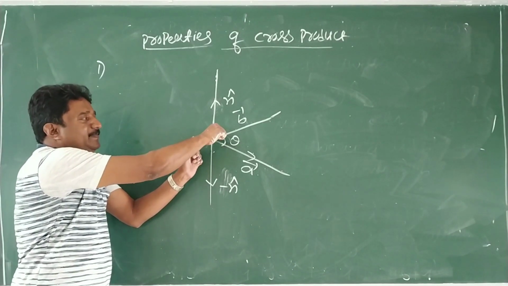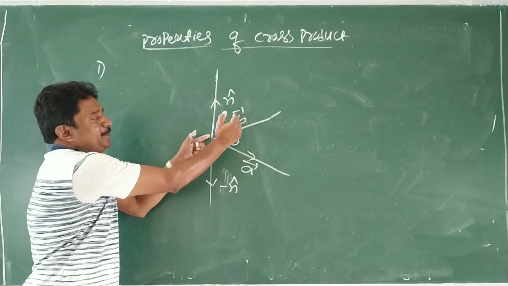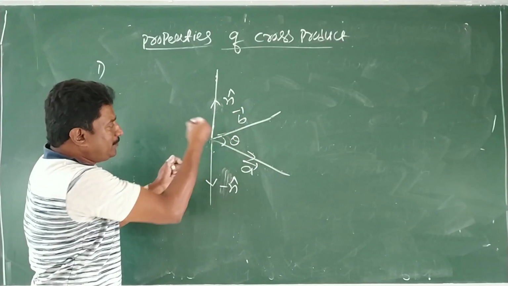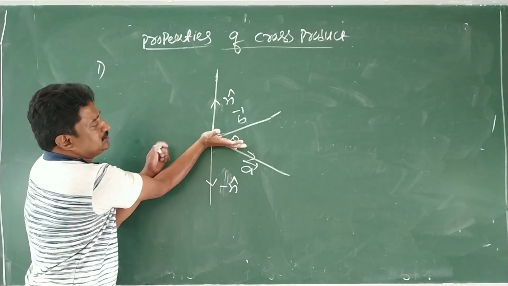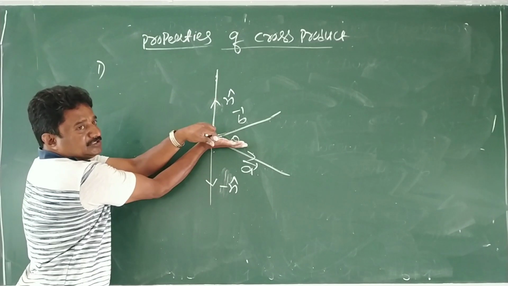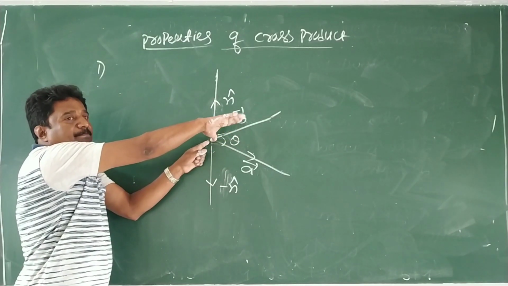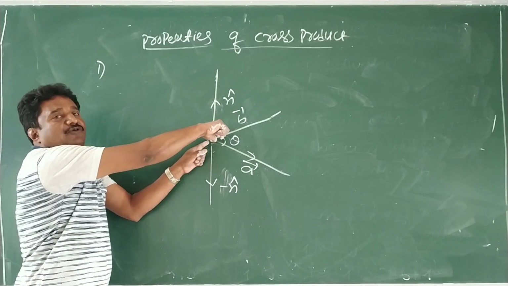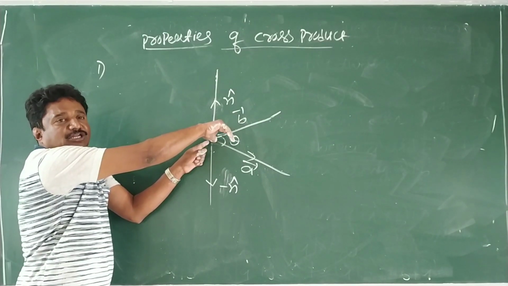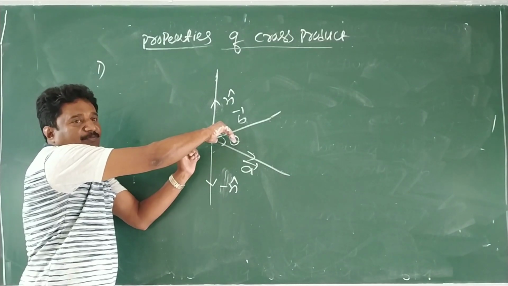So first, curling from A to B, the direction of A cross B will be upwards, the upper side of the board. If I curl my fingers from B to A, then the direction of A cross B will be the back side of the board, right?